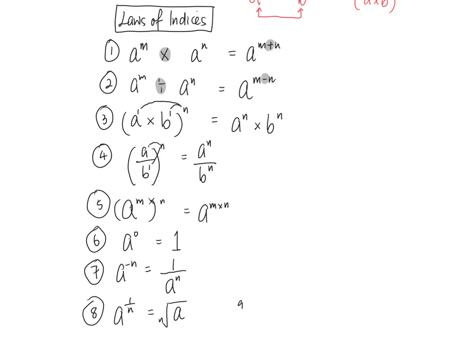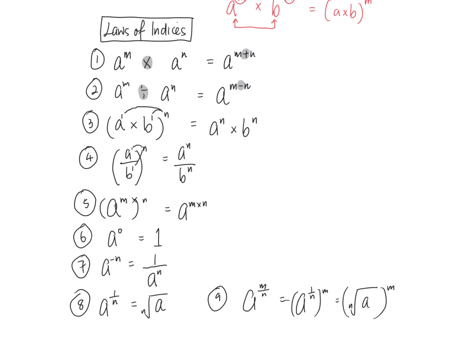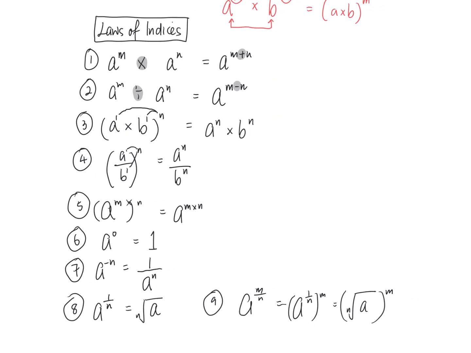Okay, but if my fraction is m over n, I can always take out the m, and then it's the same thing as this, m times. So they are just different forms of writing the same thing. So altogether there's 9 laws that we are learning, and they can mix and match a few laws in one question.